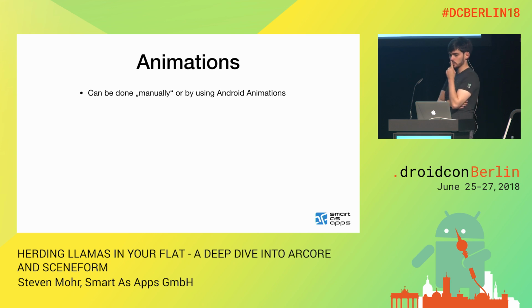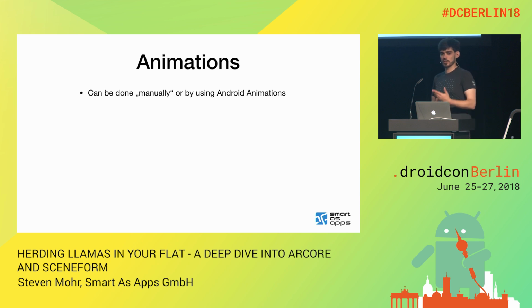So now we go to the animation part. There are really two nice ways. One is to do it manually, meaning on every frame you just do something with your object, like changing its rotation or its scale, whatever you want to animate. And there's the easier part where you just use Android animations.